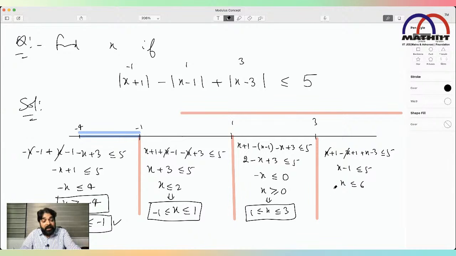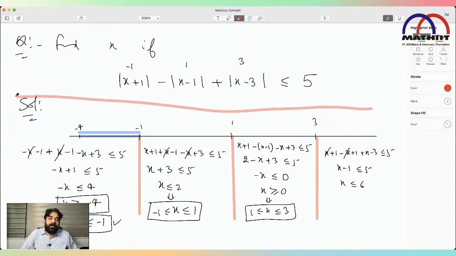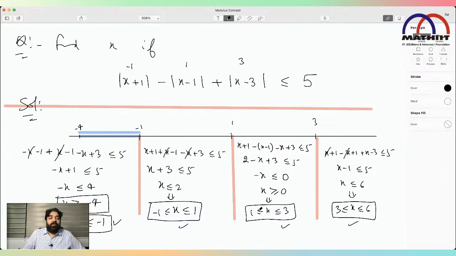This is saying everything less than 6, and 6 will be somewhere here. But the problem is that I cannot cross 3. So you modify it: x less than or equal to 6 but greater than or equal to 3. This is the answer from this part. This is the total answer for this particular situation.